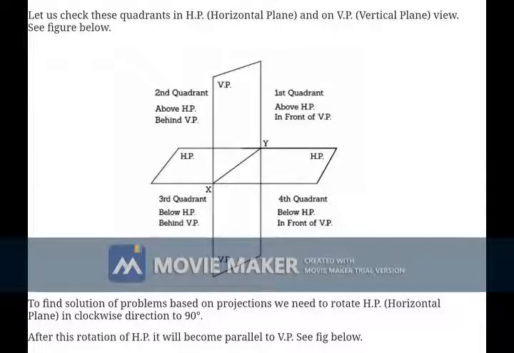So on paper you can represent this first quadrant by projecting the object in the vertical plane above the XY, and you can project the object in the horizontal plane below the XY plane.